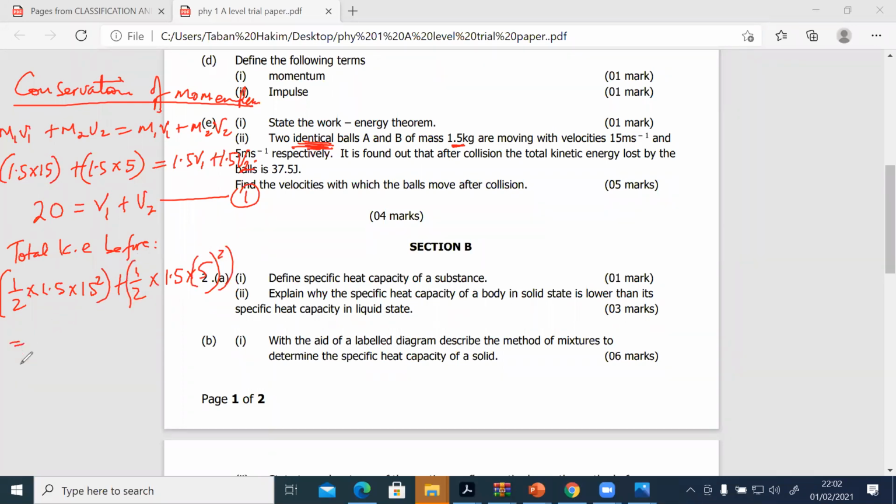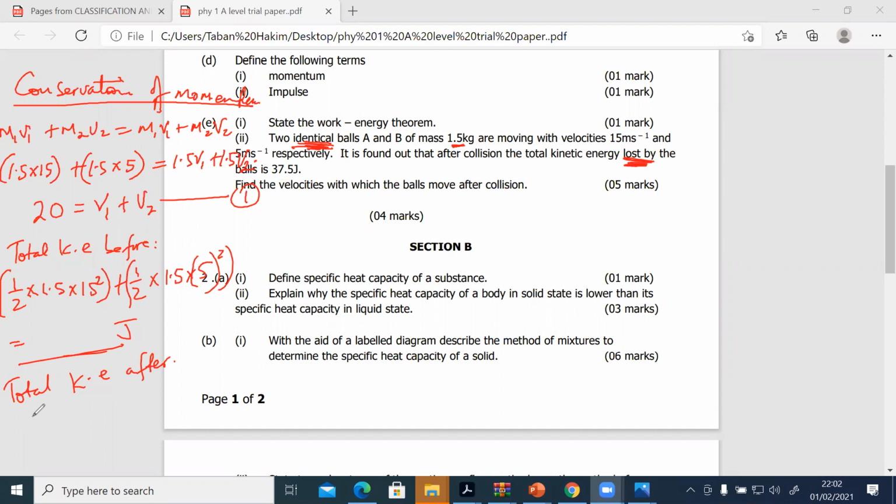What answer do we get here? Then after that, you get the expression for the total kinetic energy after collision. The reason we're getting the total kinetic energy before and after is because they talked about the loss. So once you subtract the two, whatever you get will be equal to 37.5 joules.